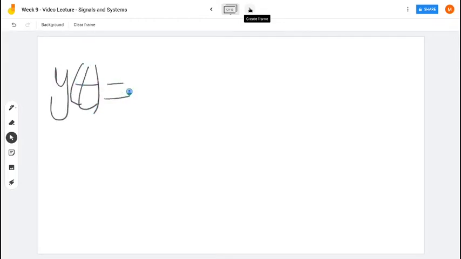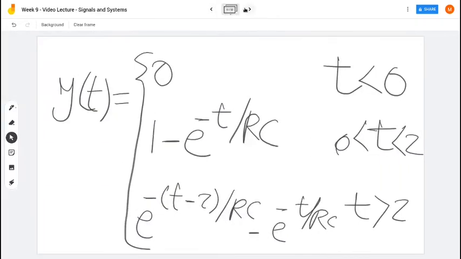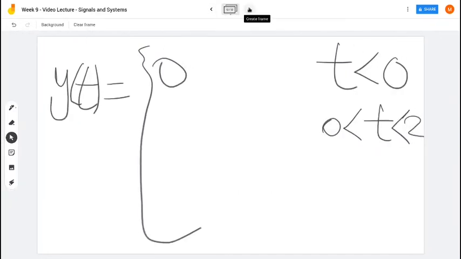y of t equal to 0 when t is less than 0, and when t is larger than 0 and less than 2, we'll be having 1 minus e to the negative t over RC.